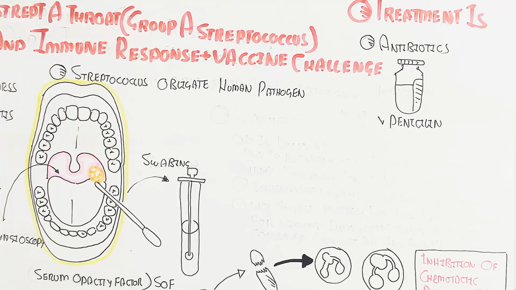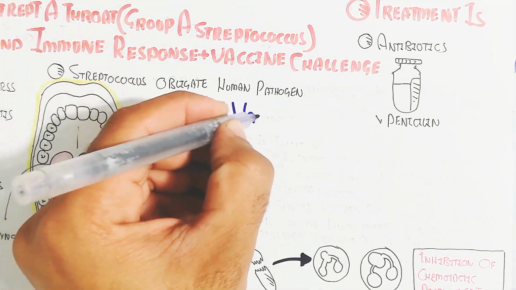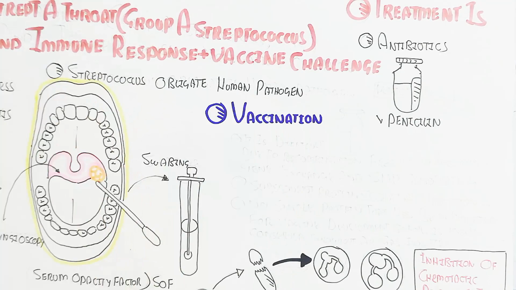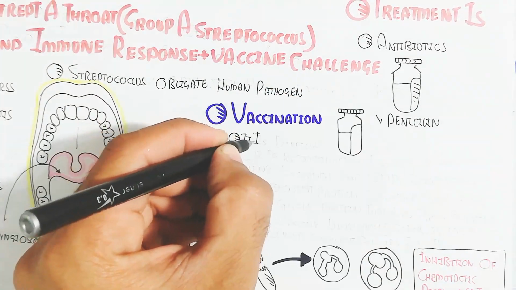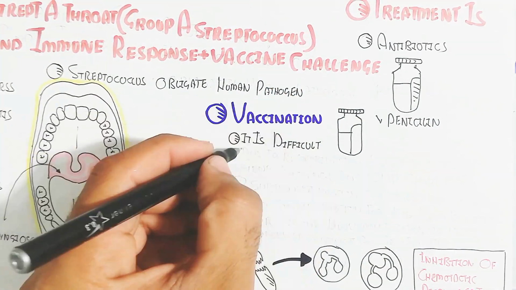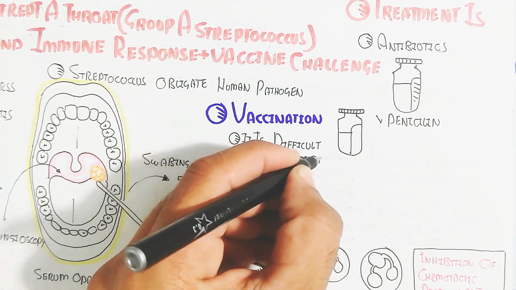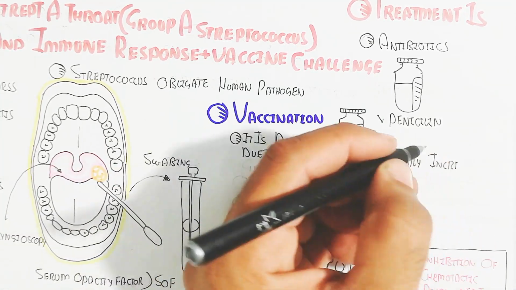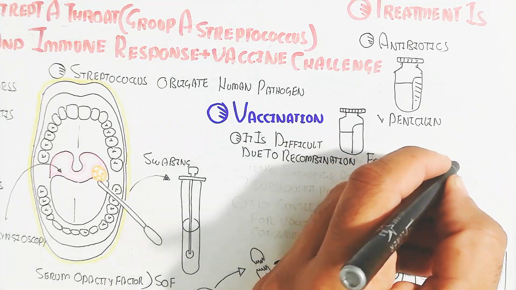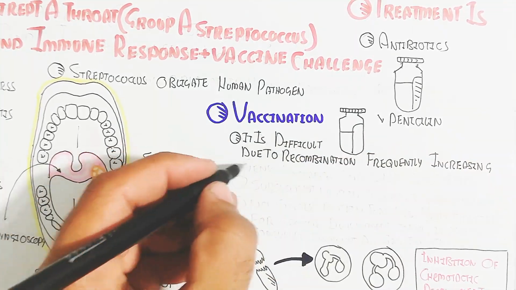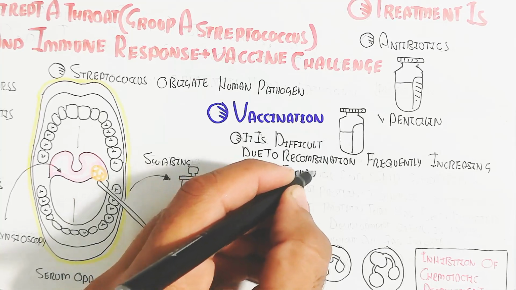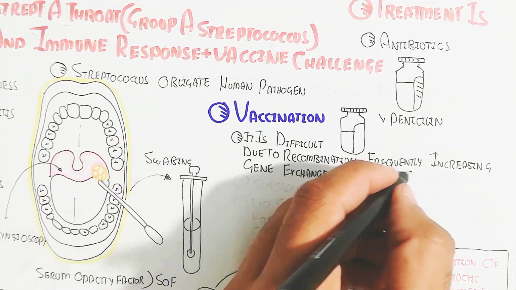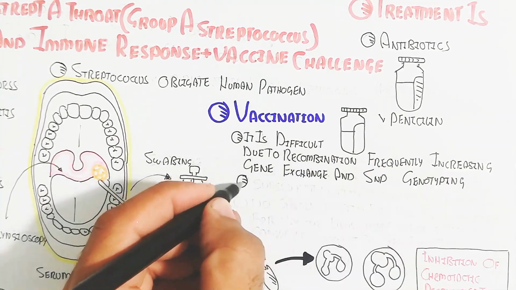Anyhow, let's begin to understand vaccination. Vaccination has been difficult and a challenge for the past decade. It is difficult due to recombination, frequent gene exchange, and SNP genotyping, single nucleotide polymorphism.